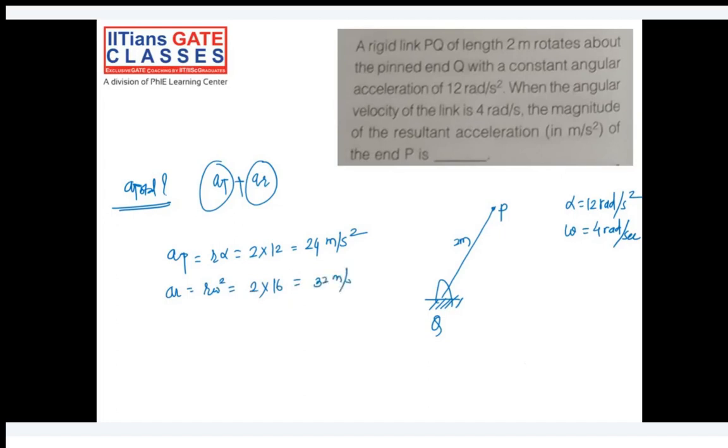So under root of 24 square plus 32 square should be more than this, which is 40, you should get. Just check it once. 40 meter per second square.